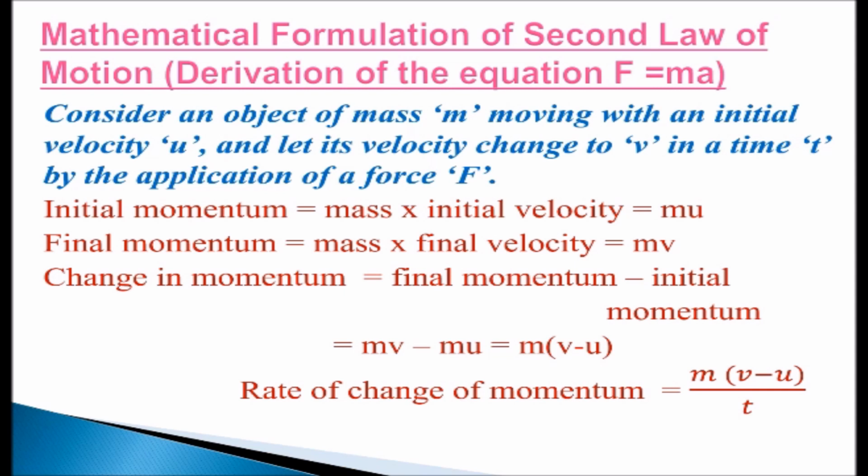The final momentum is given by mass into its final velocity, that is equal to mv. The change in momentum is given by final momentum minus initial momentum, that is equal to m into (v minus u). The rate of change of momentum is given by m into (v minus u) by t.